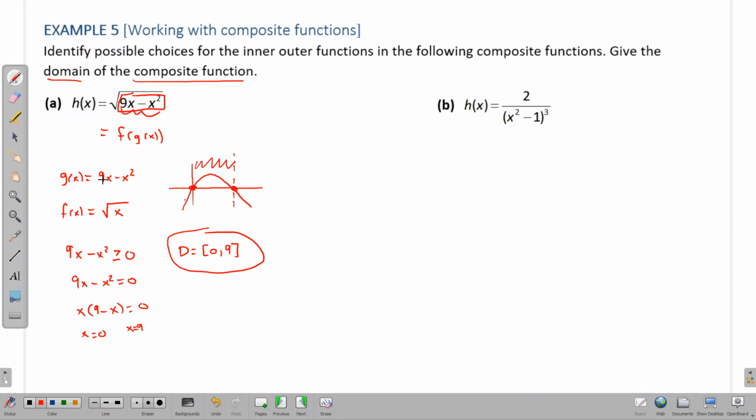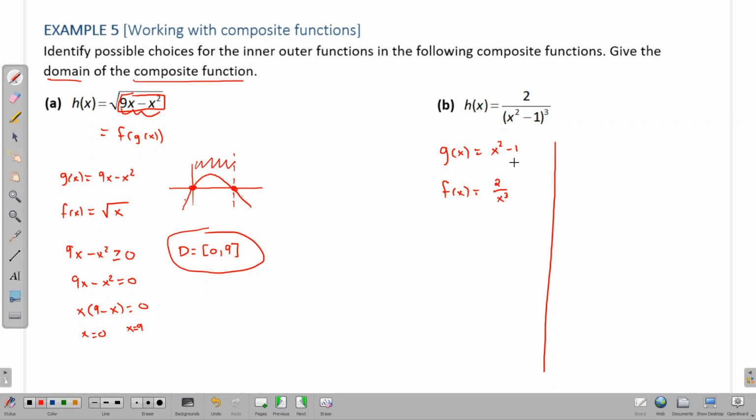Okay, moving on to example B. Again, we're going to start by finding an inner function. This actually has several options. So one would be we could just take x squared minus 1 as the inner function, just this. That would make f of x equal to 2 over x cubed. Now, one thing about these types of problems is your answers are not unique.